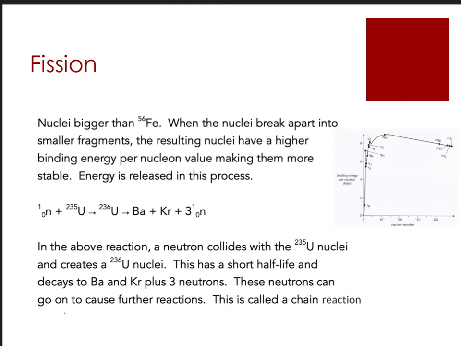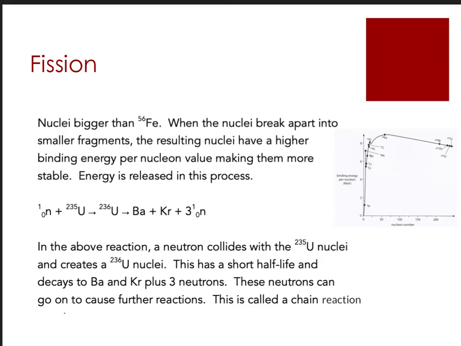Now in this case I've got it breaking down into barium and krypton, which are most likely, but it's not actually always those two particular atoms. What will need to happen is that whatever it breaks into are going to have a higher binding energy per nucleon. Now in this particular case, we also get 3 neutrons.